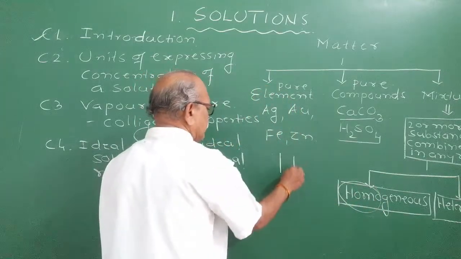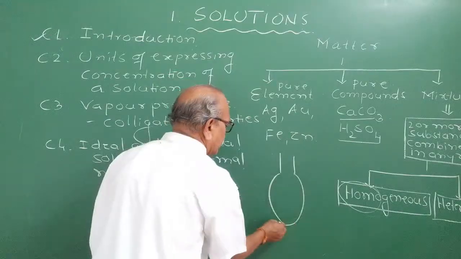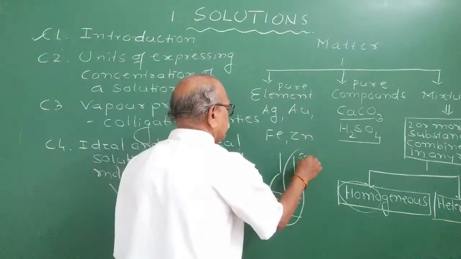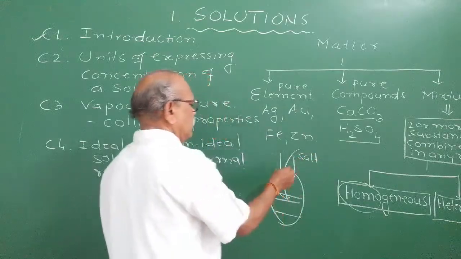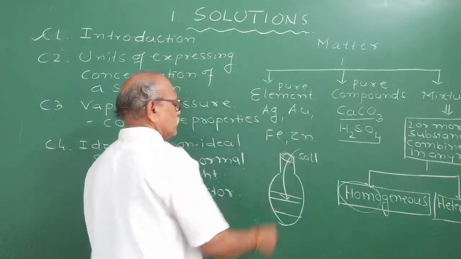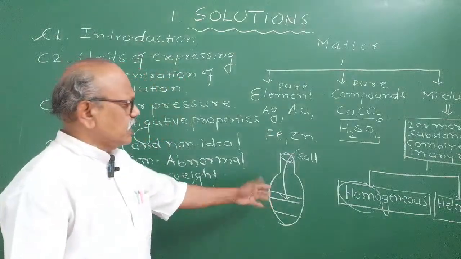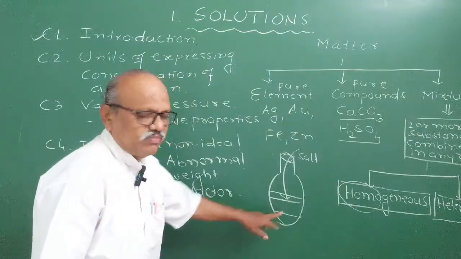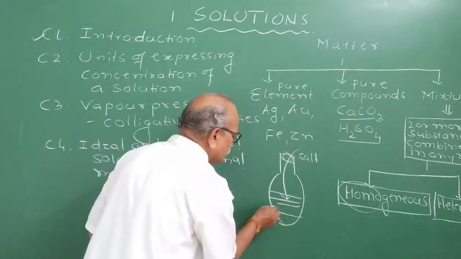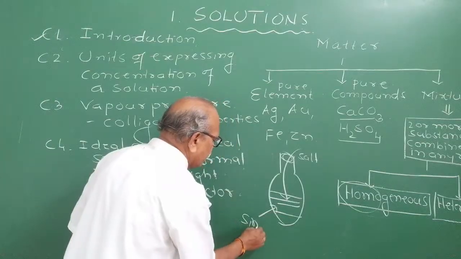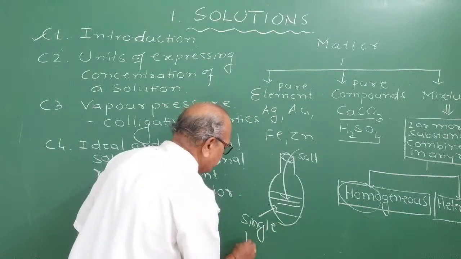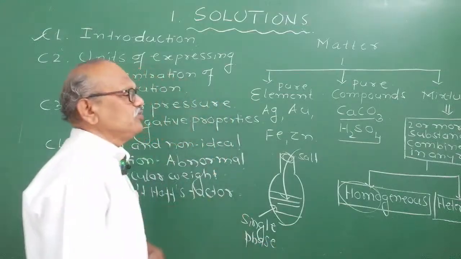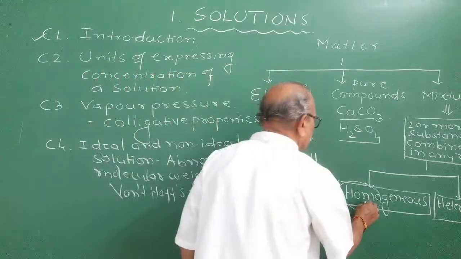You take in a flask or any container water, dissolve salt in it and just stir it well, and you will get salt solution. You cannot separately see salt and water. They form one single phase. They are called homogeneous mixture.